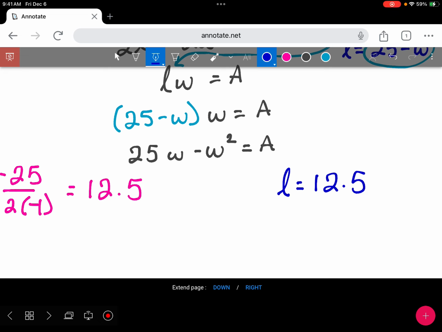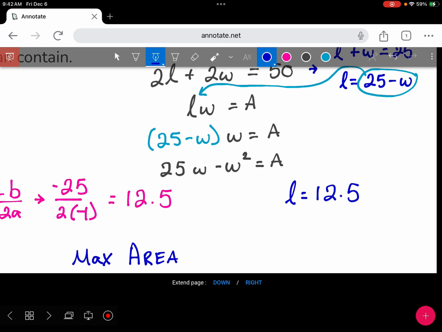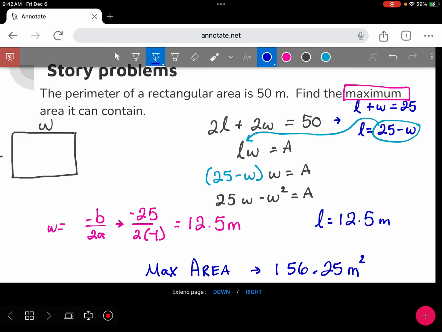So what is the area? 156.25. Now we're going to put our units back in. Meters squared, because this was 12.5 meters and this was 12.5 meters. So when we're talking about these perimeter area problems, it's weird and gross and awkward and super strange. Okay?